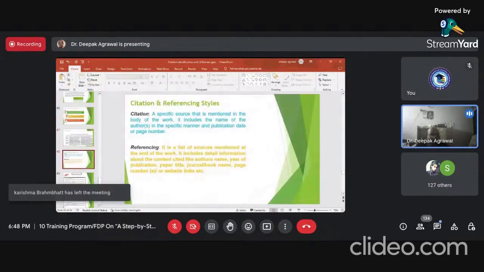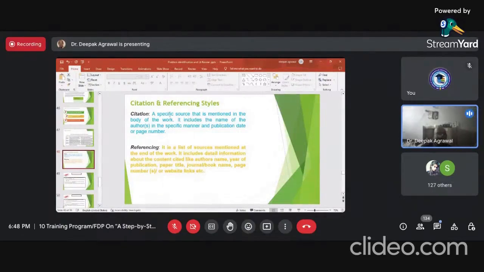We will be discussing citations and referencing in your future presentations. So I'm not going to talk much over here, but simply, citations. What is a citation? It is quoted text which is used in the chapter of the paper.